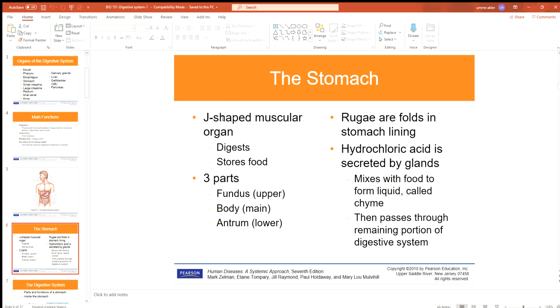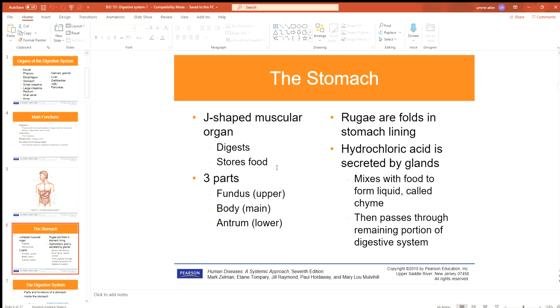The stomach is a very dilated, expanded, J-shaped muscular organ, and two main functions of the stomach are digestion and storage of food. The stomach has gastric glands, okay, and the main chemical that is secreted from the gastric gland is the hydrochloric acid, HCl, and that hydrochloric acid helps in digestion or breakdown of food.